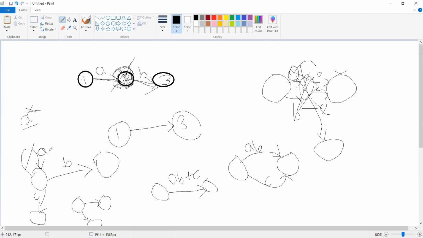Once you remove the loop, what is the result? A star. This A star has to be concatenated with B, so it results in A star B. That is the first one. Then for this state we have one more outgoing transition, so this loop term has to be multiplied with C also. Once you do that, it results in A star C.